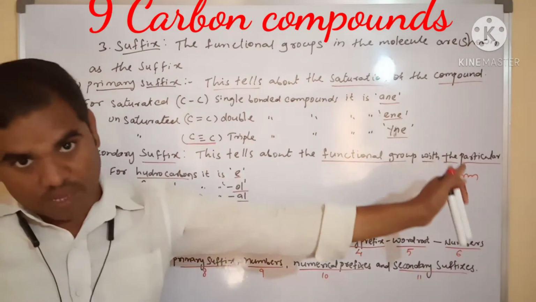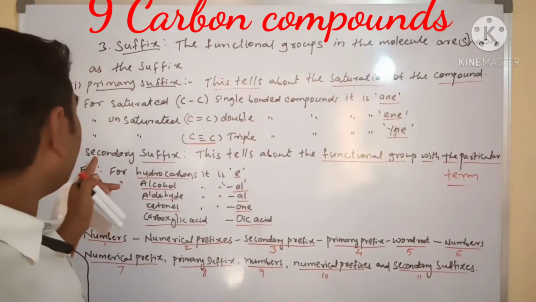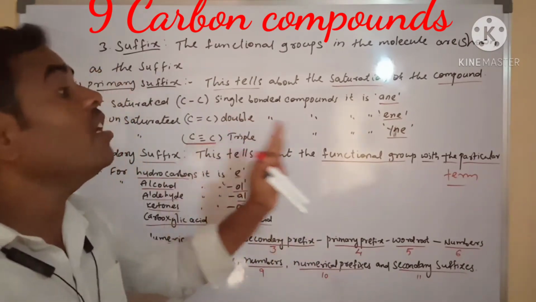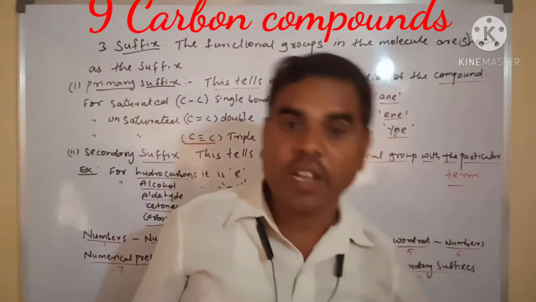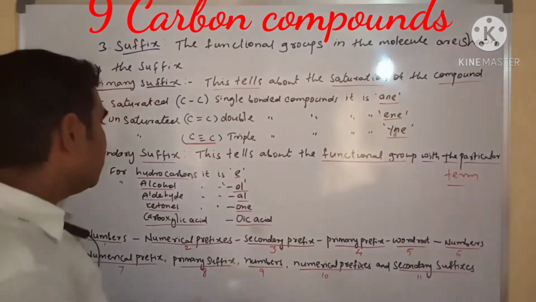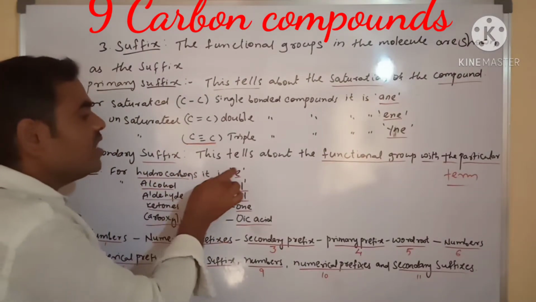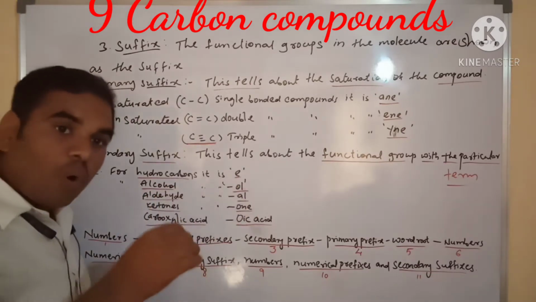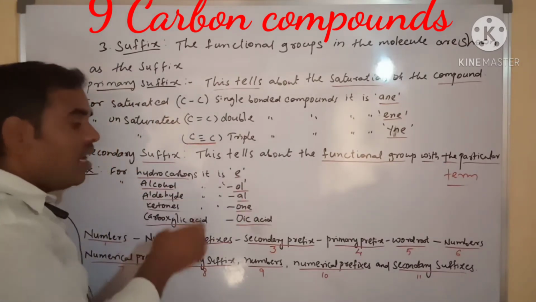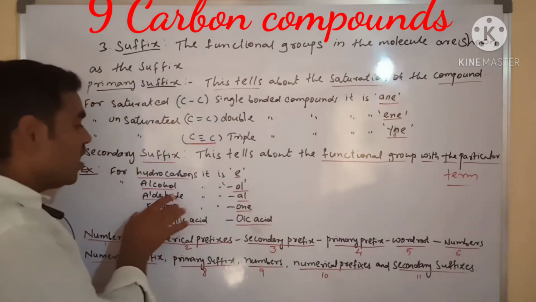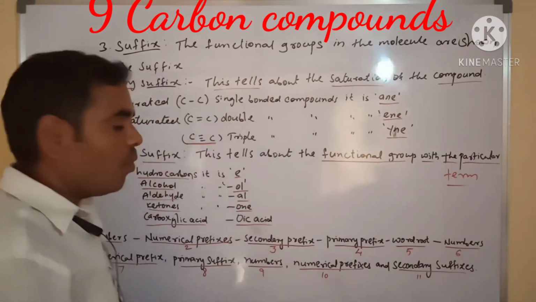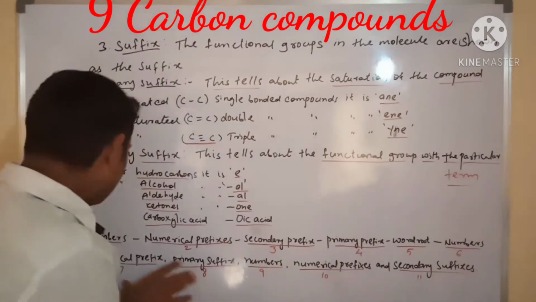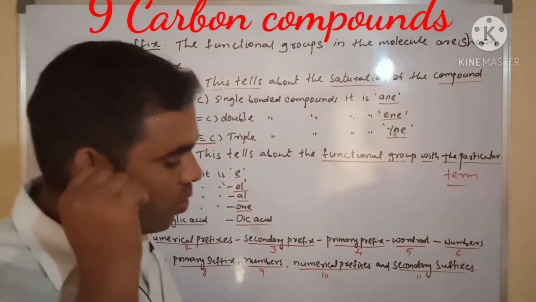Triple bond, yne. Next, the secondary suffix tells about the functional group with the particular term. Hydrocarbons, we use e. Next, alcohol, ol; aldehyde, al; ketone, O-N-E, one; carboxylic acid, oic acid. This line we have to learn.